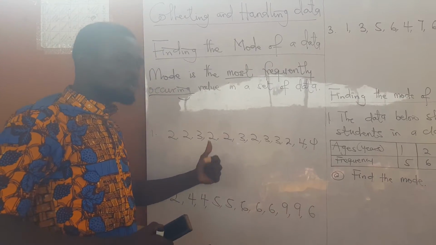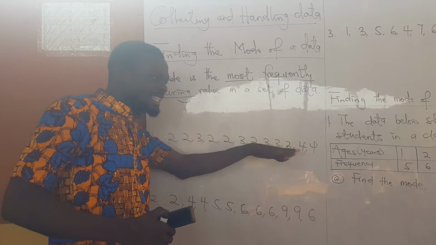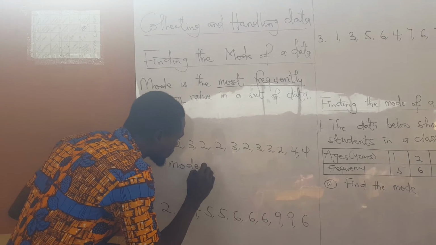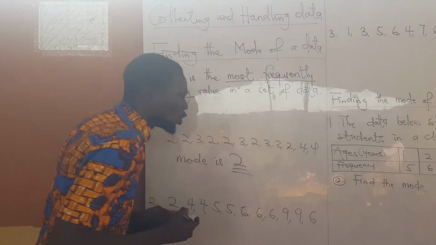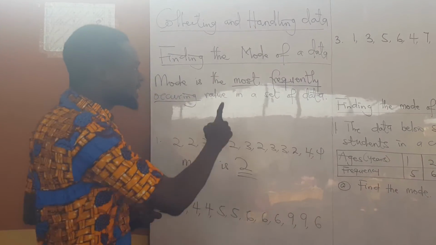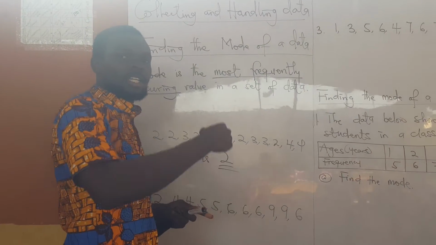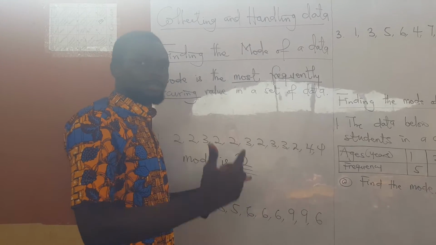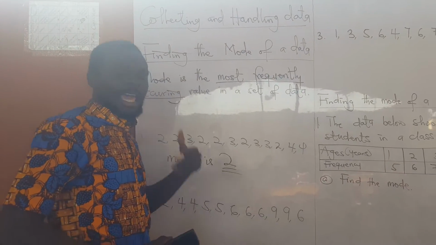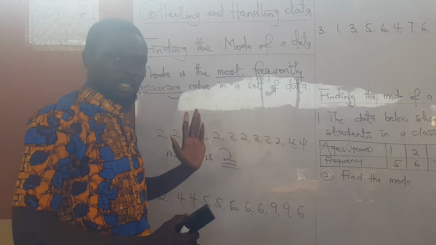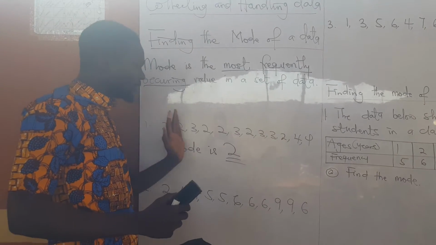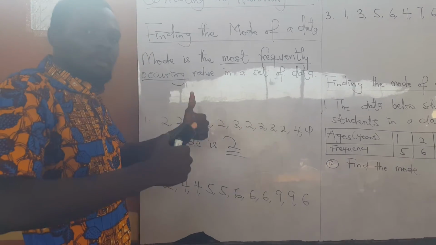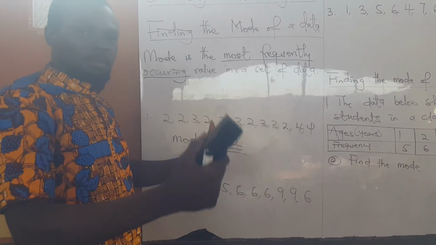So because the 2 occurs most in this data, the mode is 2, because it is the most frequently occurring value. That is how we find the mode of a data like this. You just look for the value or the number that occurs most.